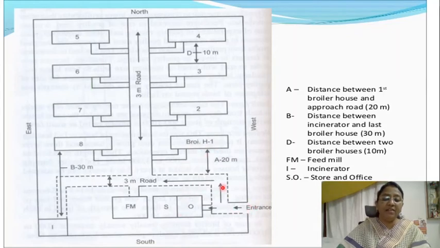And this is the entrance from the west side corner, the entrance. You can come this way, and this is 3 meters wide, and between the two houses you have 3 meters road, and interconnections between all the houses we can see here.